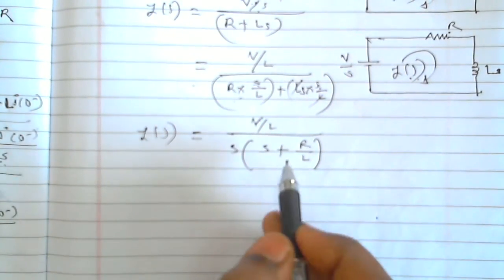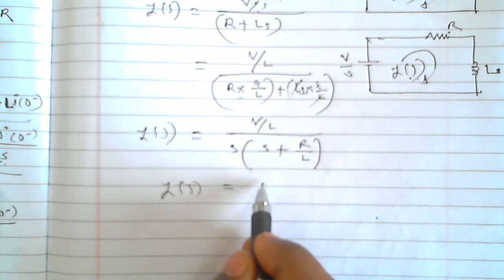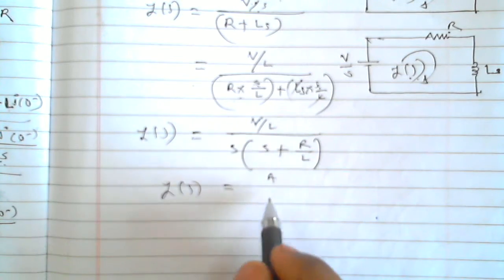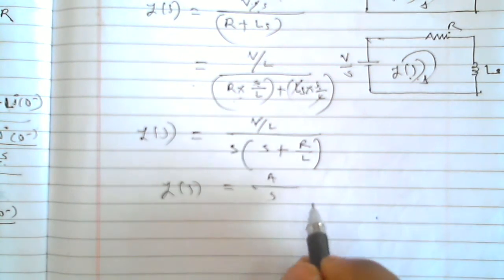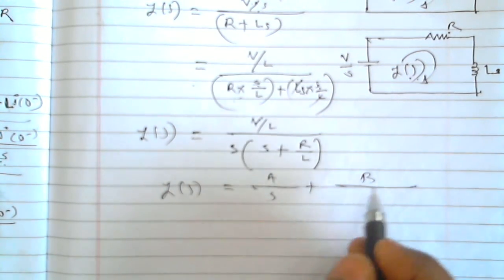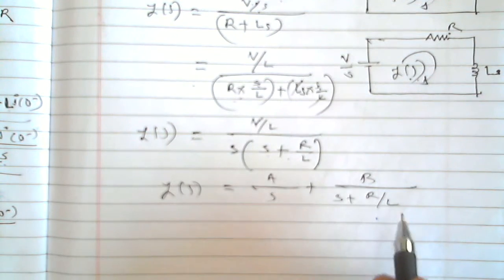Now I have to solve this by partial fractions. I'll just show you one partial fraction, then you can solve it. There are two roots, so it becomes A/s plus B/(s + R/L).